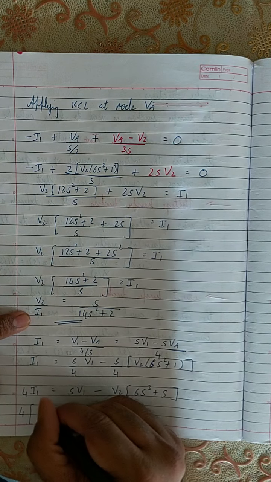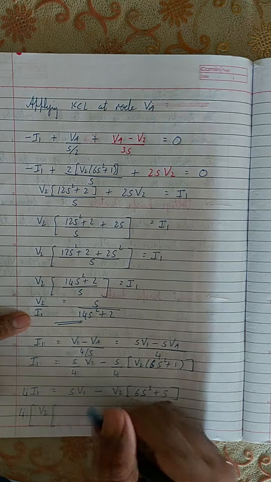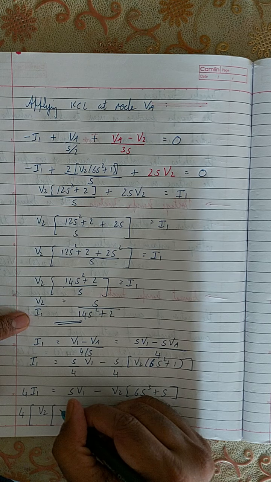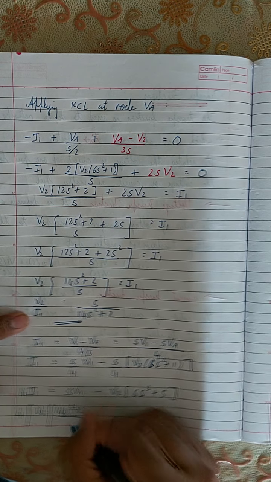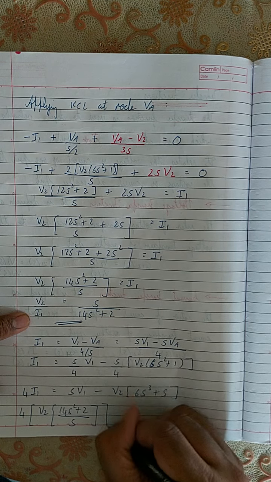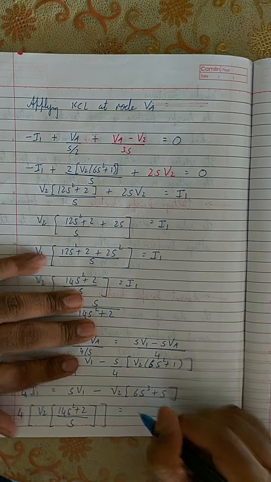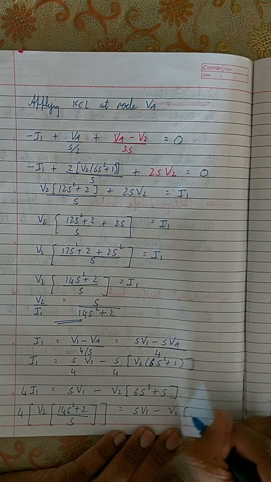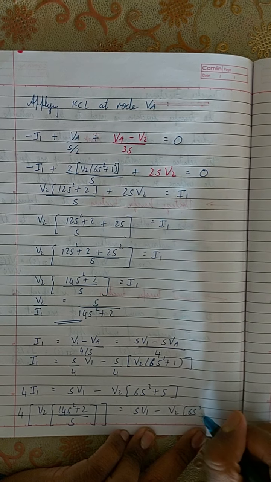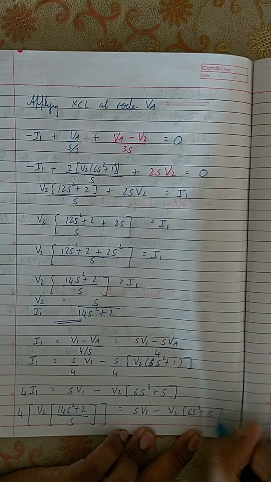It is V2 into 14s square plus 2 by s. That is the equation for I1, and it is equal to sV1 minus V2 into 6s cube plus s.